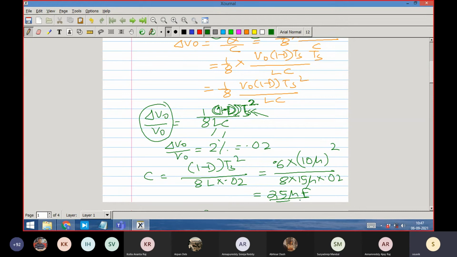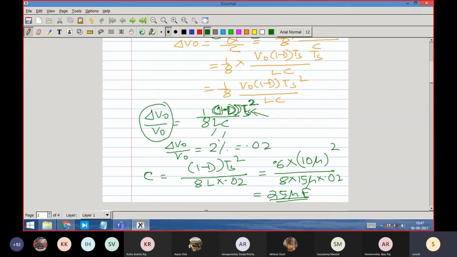So this is the value of the capacitance that you are getting. Now see, had it been 100 micro, by how much amount would this have increased? It would have increased by 100 times, right?